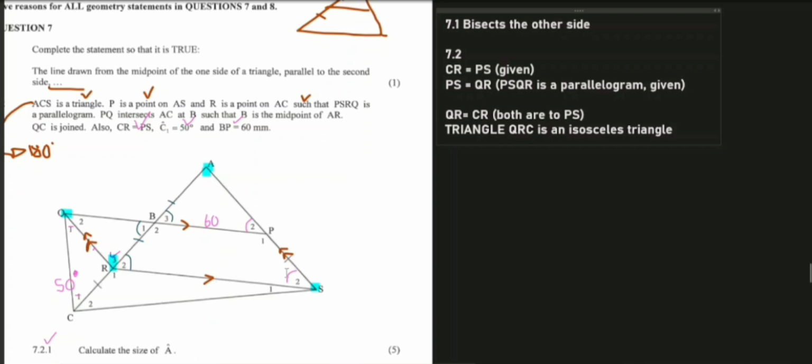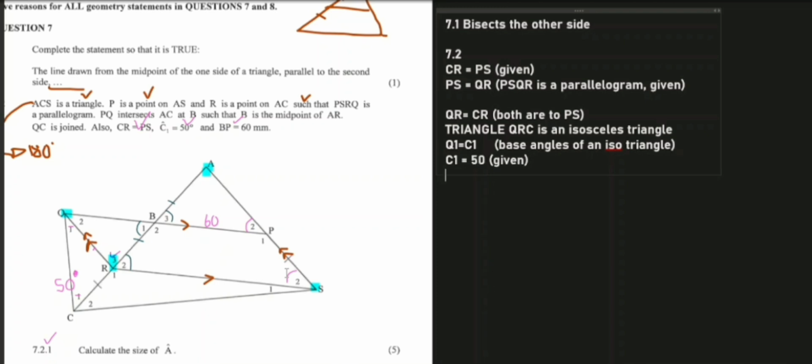So what do we know about the base angles of an isosceles triangle? The base angles of an isosceles triangle are equal. So this means that Q1 is equal to C1, base angles of an isosceles triangle. This also means that Q1 is equal to 50 degrees because C1 is equal to 50 degrees, and that was given.